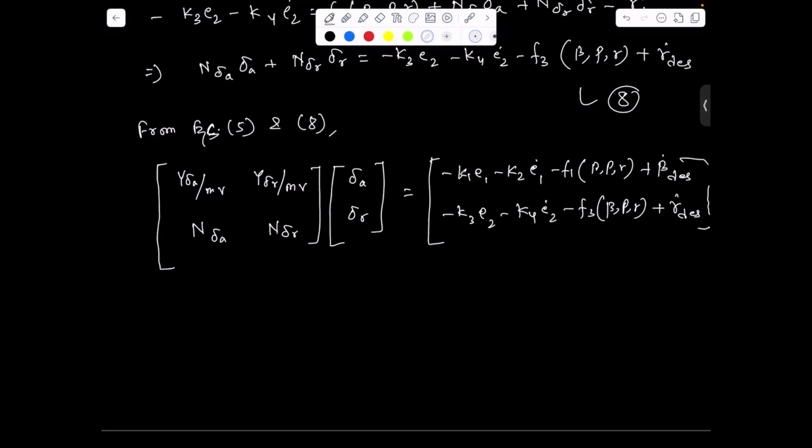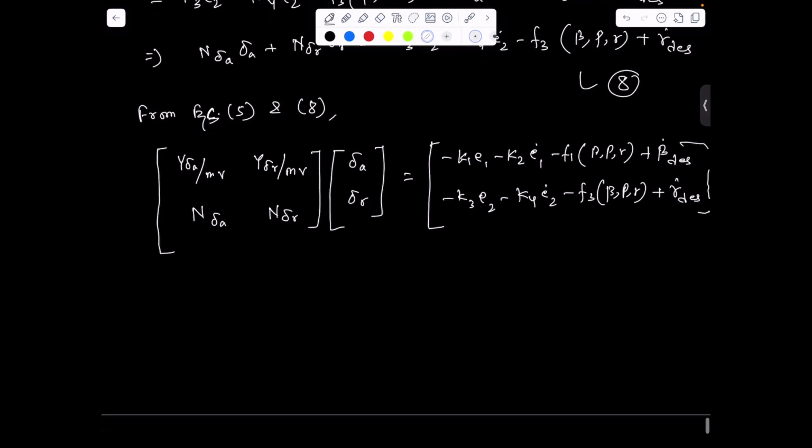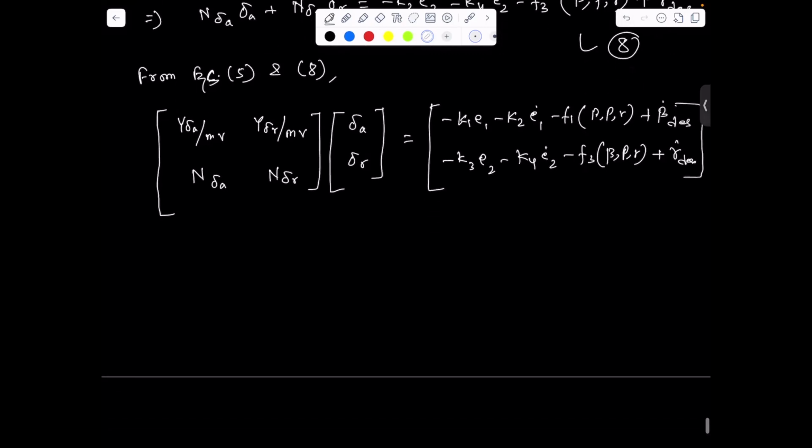Right. So this is our last term. So from this we can further write delta A, delta R equal to, suppose this is some B matrix, for example.